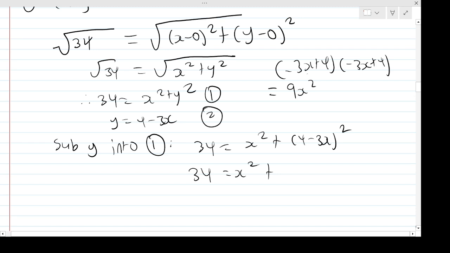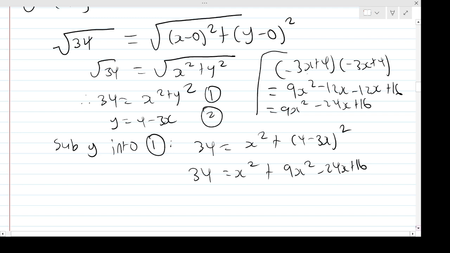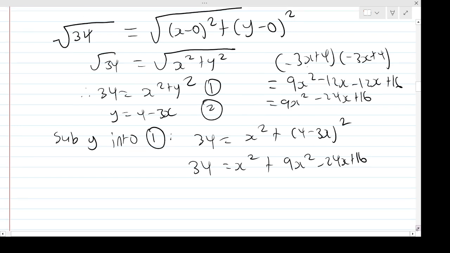Then minus 3x times 4 is minus 12x, and 4 times minus 3x is minus 12x again. Then plus 4 times plus 4 is plus 16. Therefore I get 9x squared minus 24x plus 16. So that expansion becomes plus 9x squared minus 24x plus 16. In general, it's not a bad idea if you need to do a tricky expansion to do it somewhere to the side, just to make your working a bit neater and not use as much space.